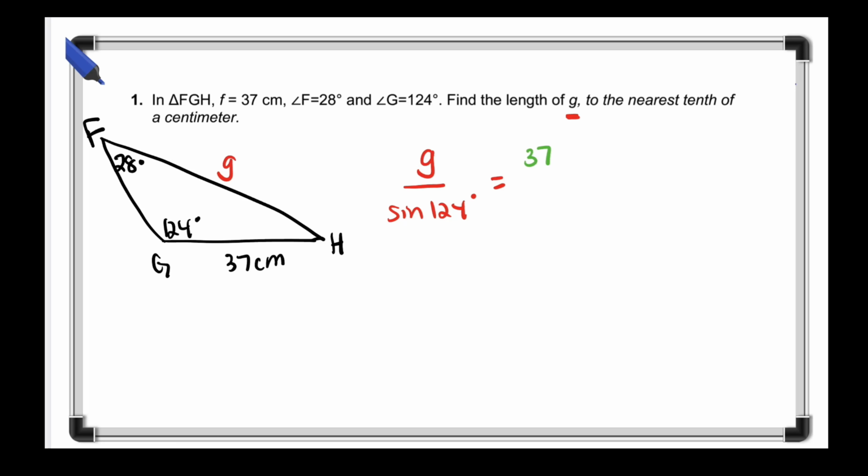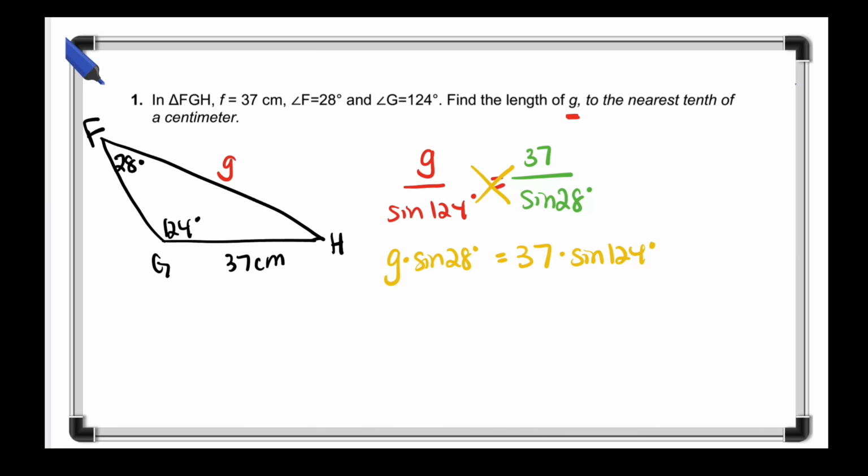We have 37, that's my one side, and with that angle, you're going to have the sine of 28 degrees. Now you have a proportion, right? When you have a fraction equal to a fraction, you are going to cross multiply. So you have G times the sine of 28 degrees is equal to 37 times the sine of 124.